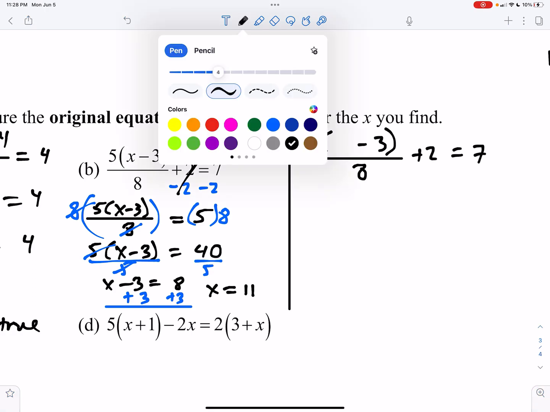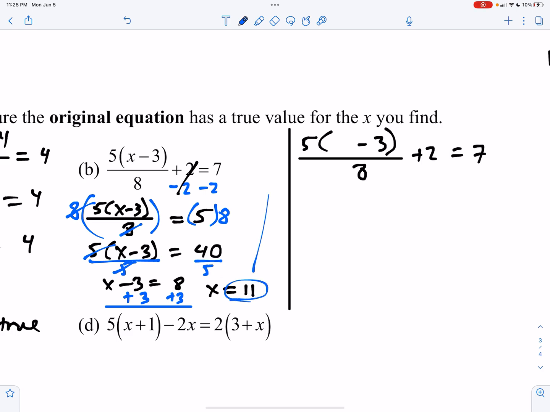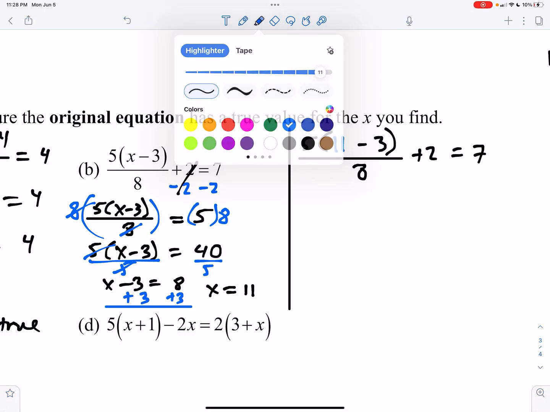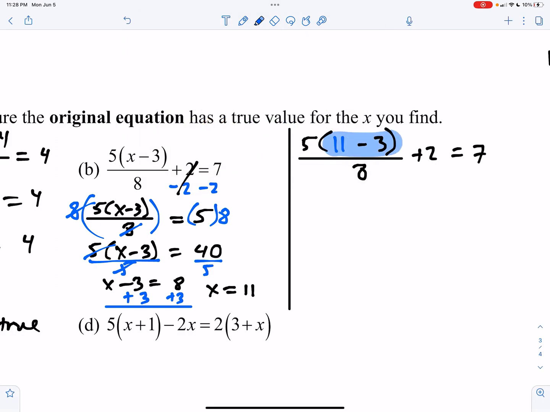Okay, writing down the original equation, plugging in our value for x right here in place of x. Okay, and I'm going to start by doing the first thing that is done to x, which is subtract 3.